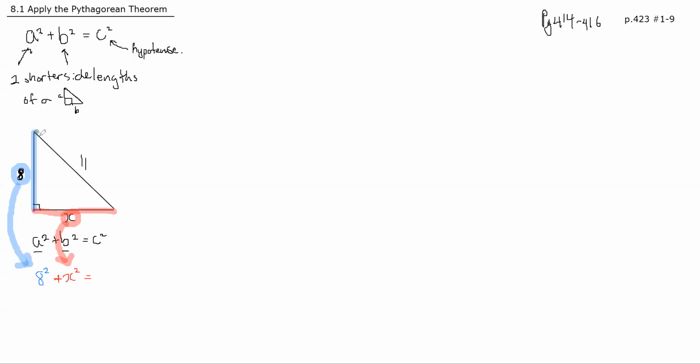The hypotenuse, in other words, the side that is furthest from the 90-degree angle, is my hypotenuse. That is going to be placed where that belongs. Right here, 11 squared. And the rest is going to be basic algebra.